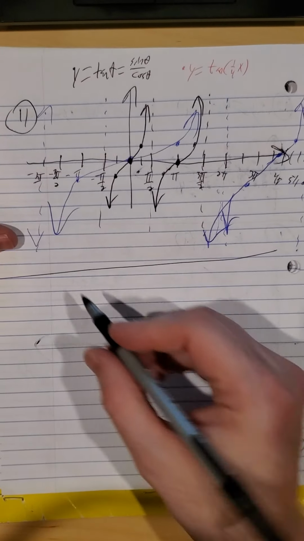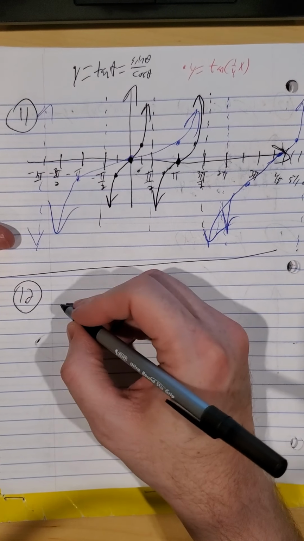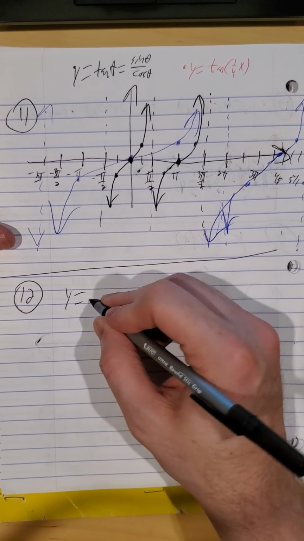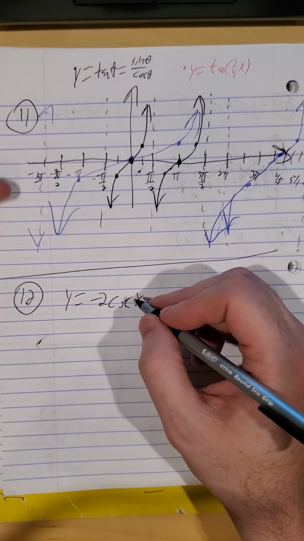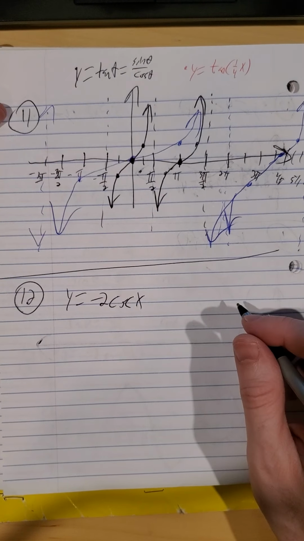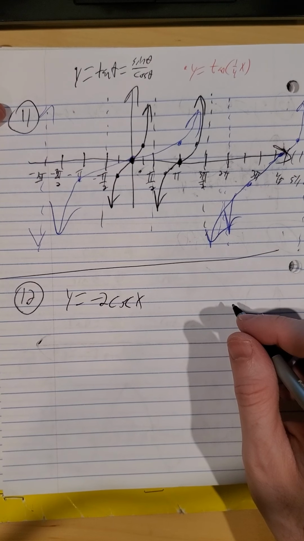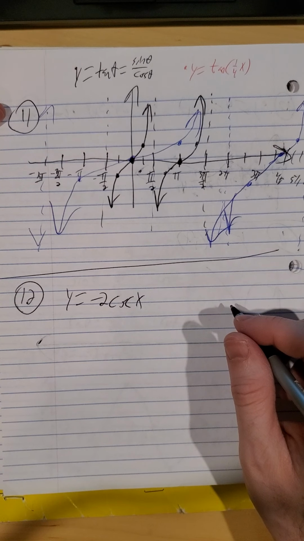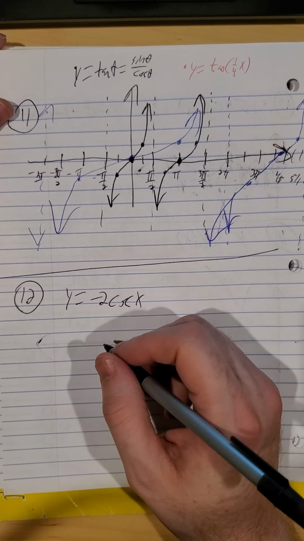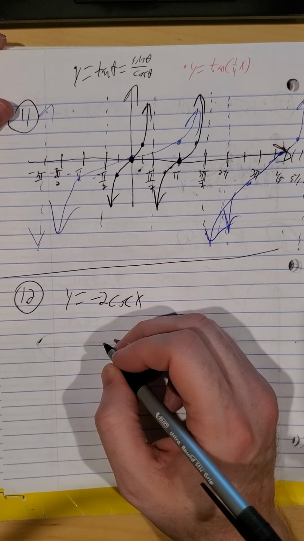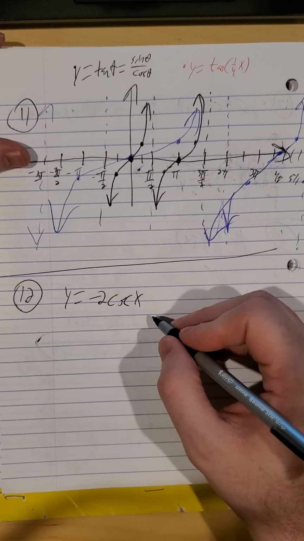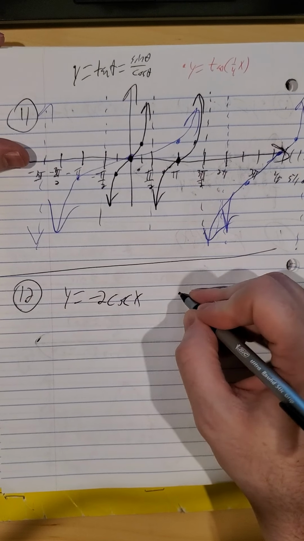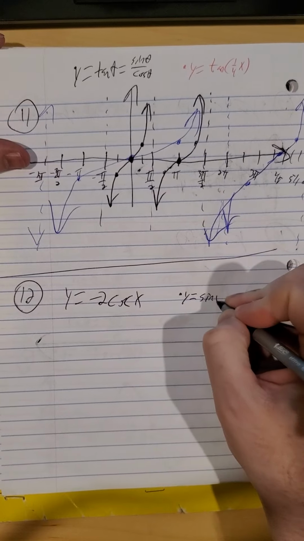12, we get to start playing with cosecants. Okay, so cosecant, recall, is based on sine. So my first graph is y equals sine x.